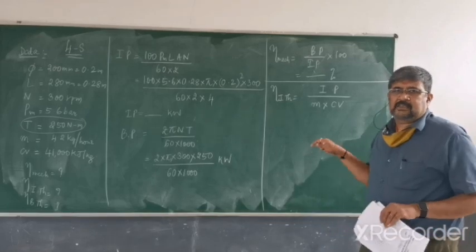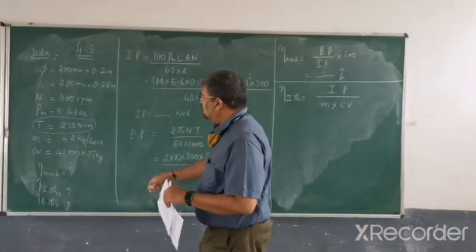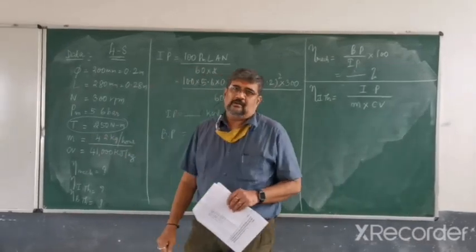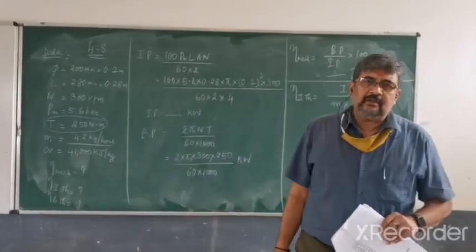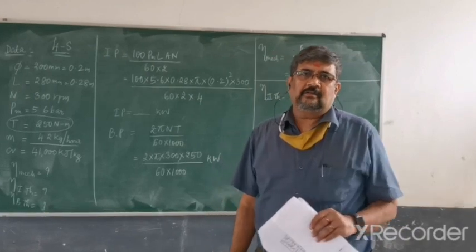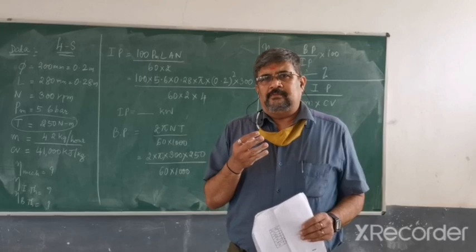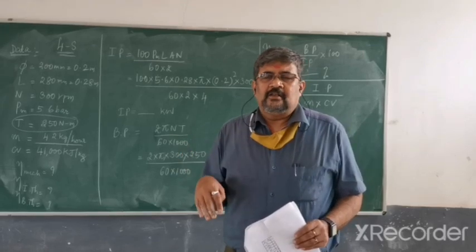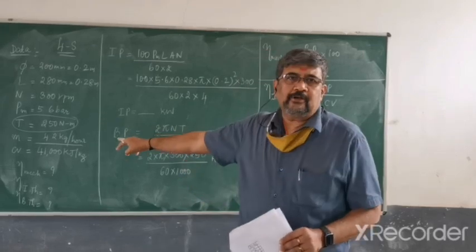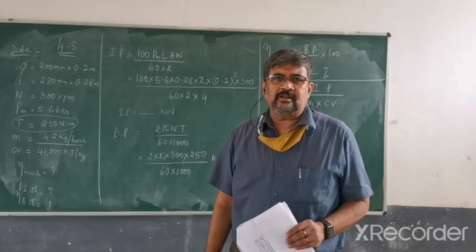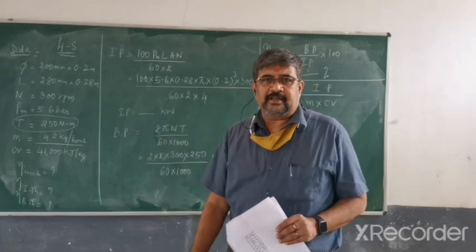Now the problem in this case is the fuel consumed is given in kg per hour, so that has to be converted into kg per second. We know that 1 hour is equal to 3600 seconds, so we have to divide that value 4.2 by 3600 in order to get it in kg per second.